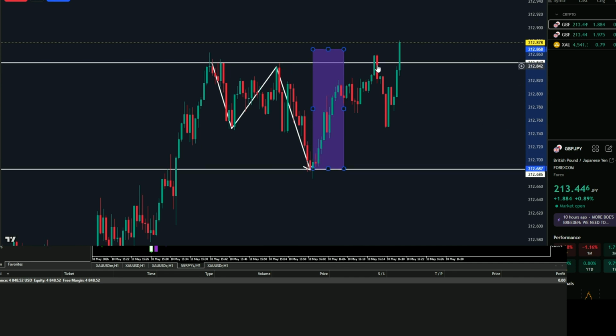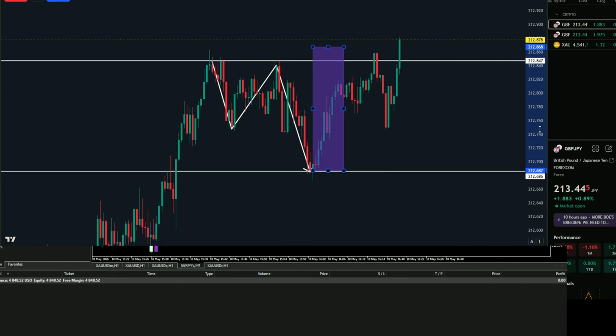So we are seeing that the buyers here are creating a new higher high, which is indicating that the buyers are still interested and they're still pushing the market to the upside.